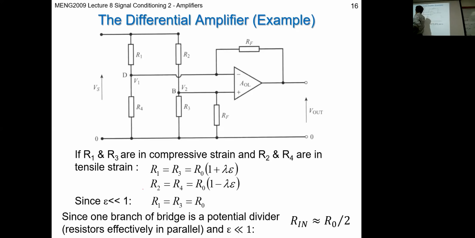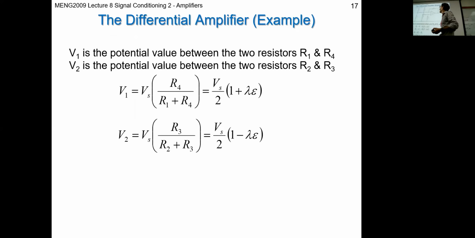Having established that, we can now look at V1 and V2 separately. V1 is this point here, V2 is this point here. For each of those, V1 is going to be our source times our ratio of resistances. R4 is tensile, so that's going to be a positive sign on the top.